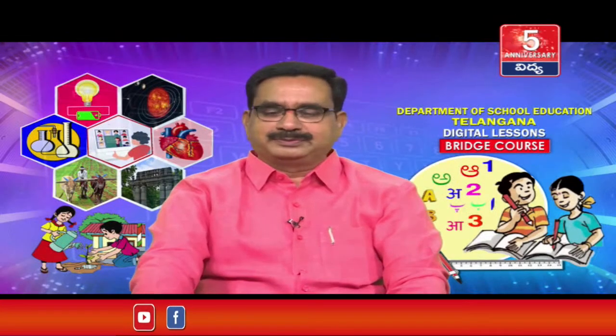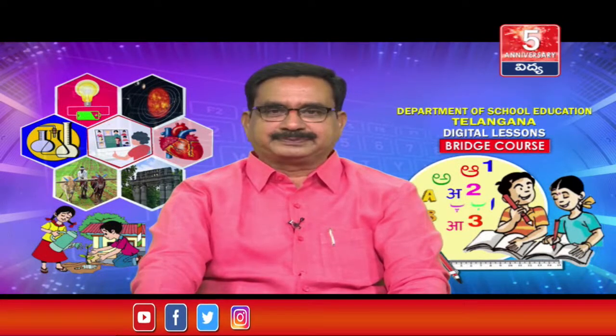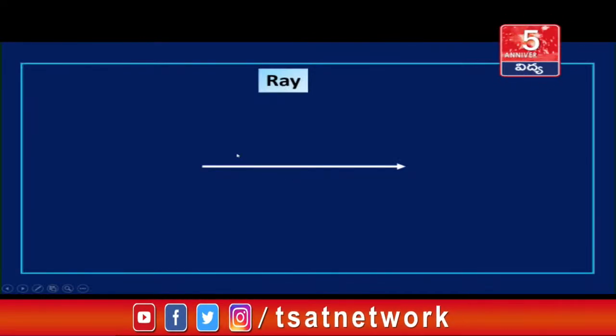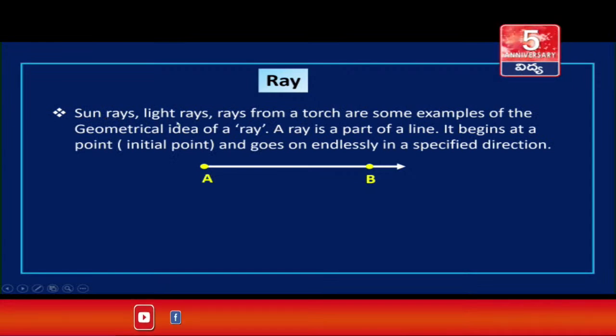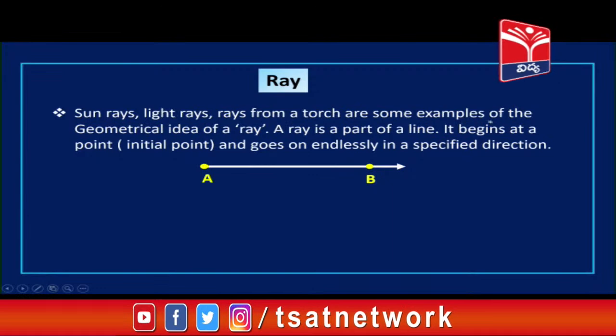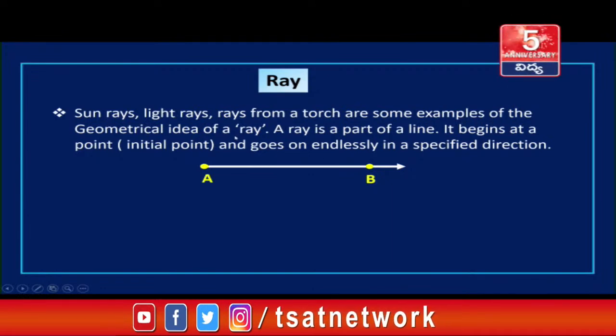Children, let us now discuss about ray. We have learned about line segment and line. A line has two arrow marks. In a ray, you can observe A is the end point. Sun rays, light rays, rays from a torch are some examples of the geometrical idea of a ray.